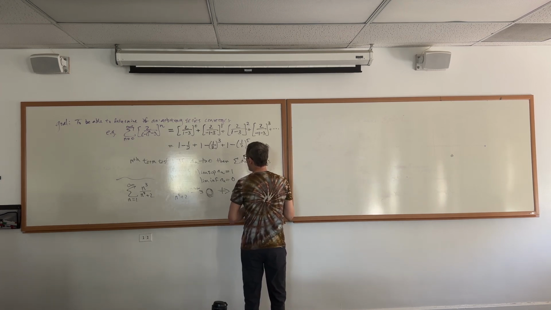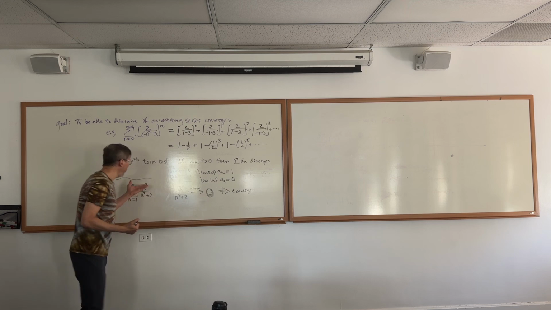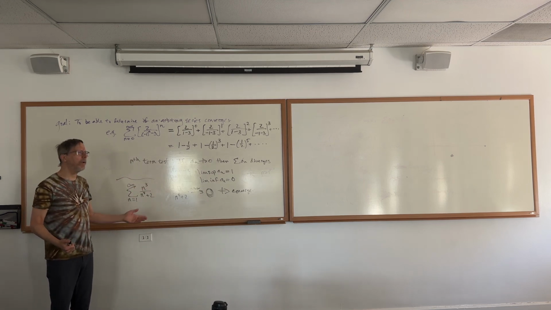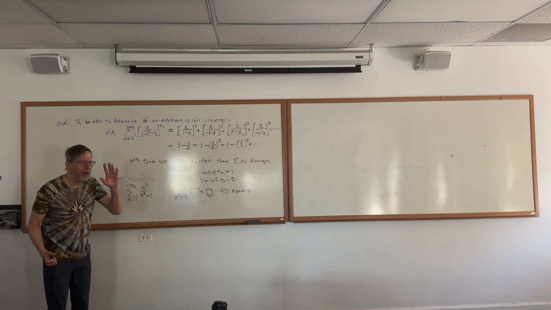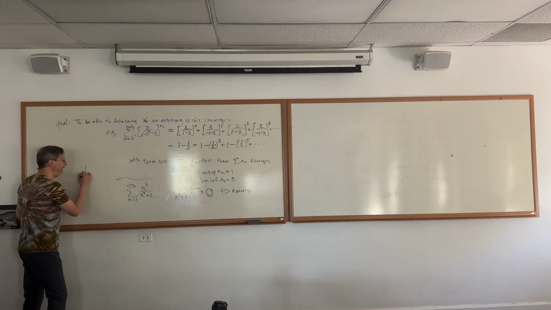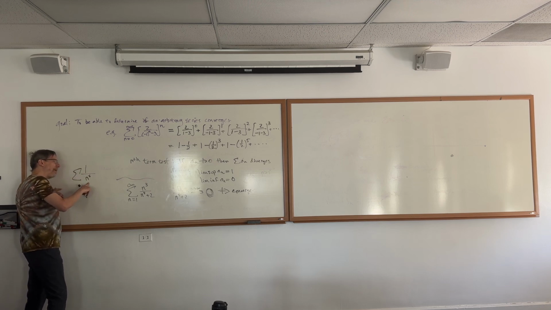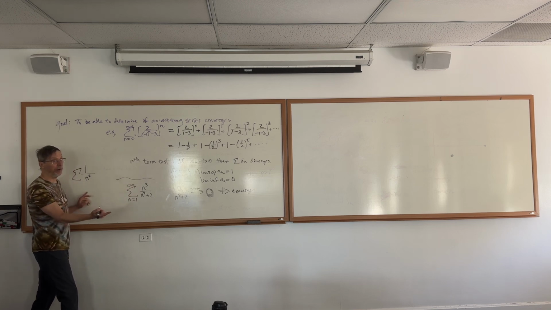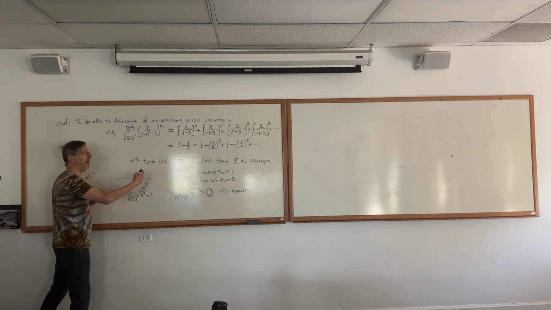Okay, so what kind of series does this look like? It kind of looks like a P series, right? Because we're thinking, oh gosh, there's this base that's moving. There's fixed exponents. It doesn't look like a geometric series because there's no moving exponent.